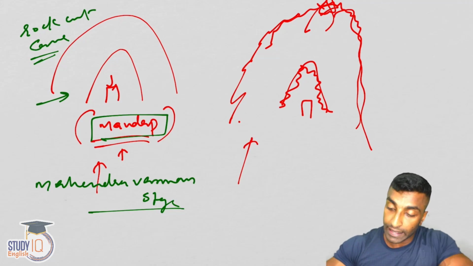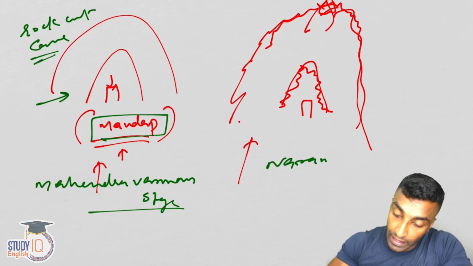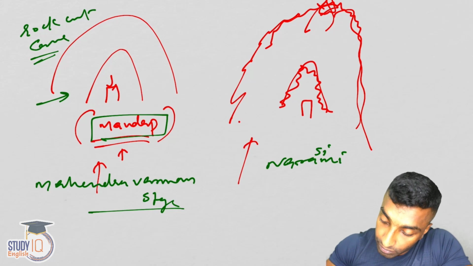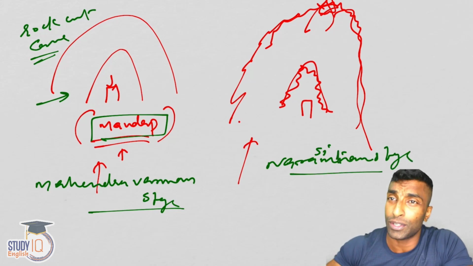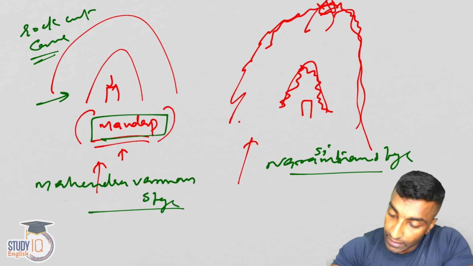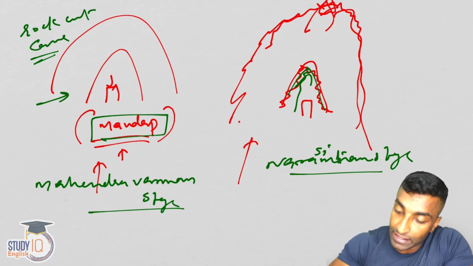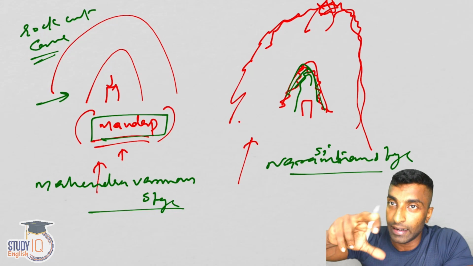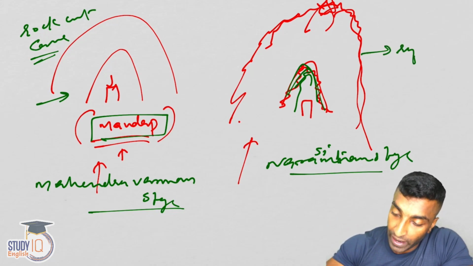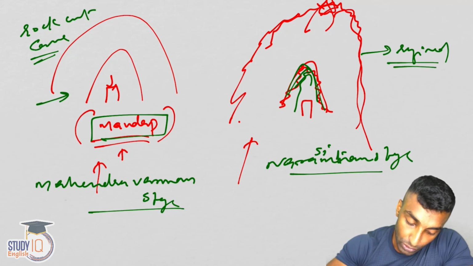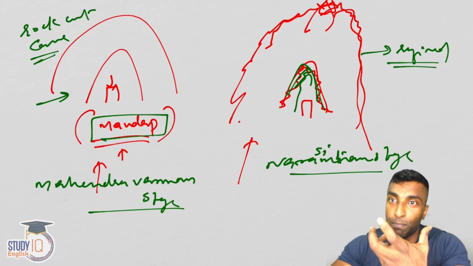And when it comes to the second stage, this is the Narasimhan stage. Narasimha stage or Narasimhan stage. In this you can see some kind of decorations made in that cave interior, and also outside it was refined, and gave a proper shape of the temple.